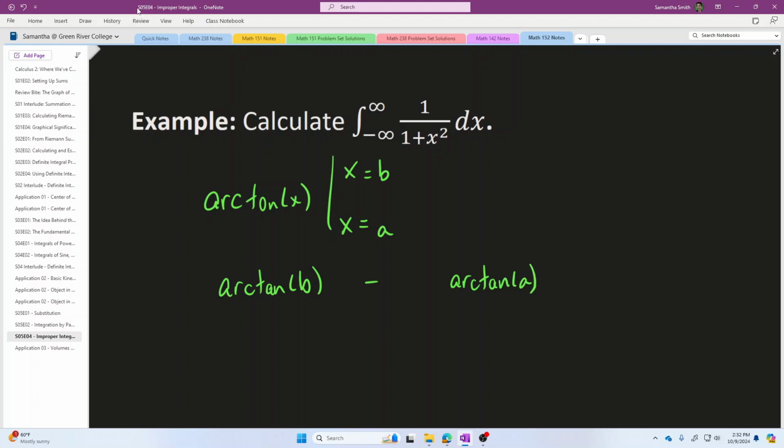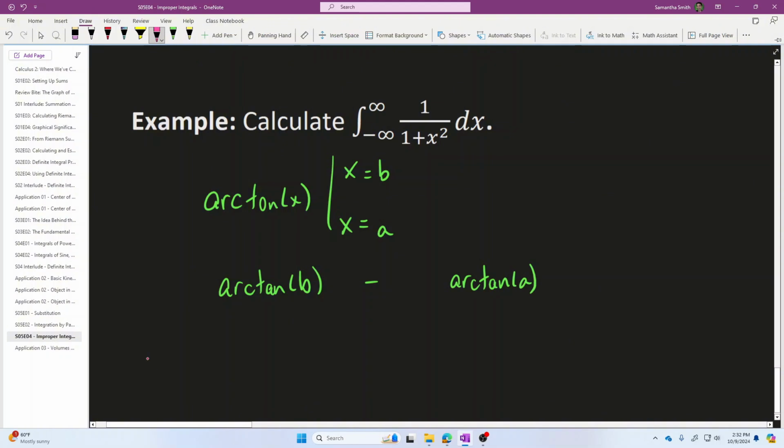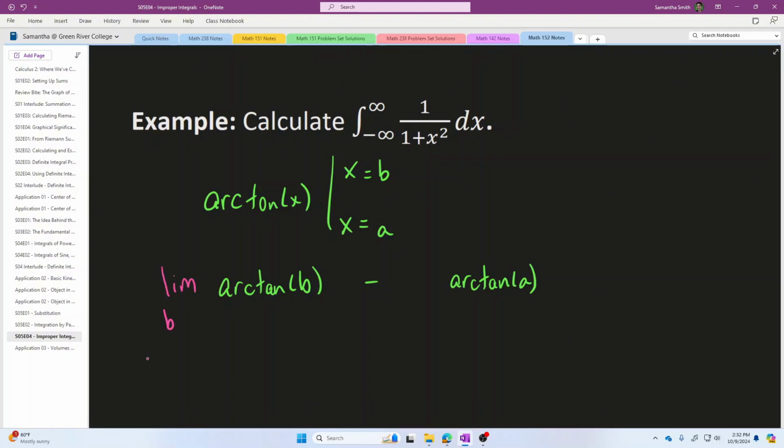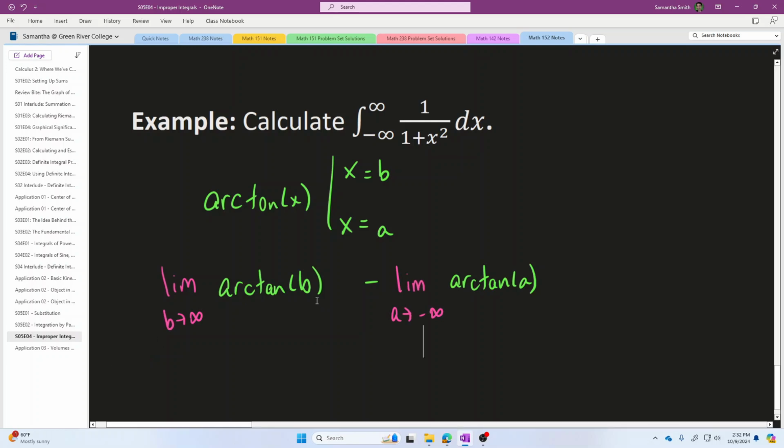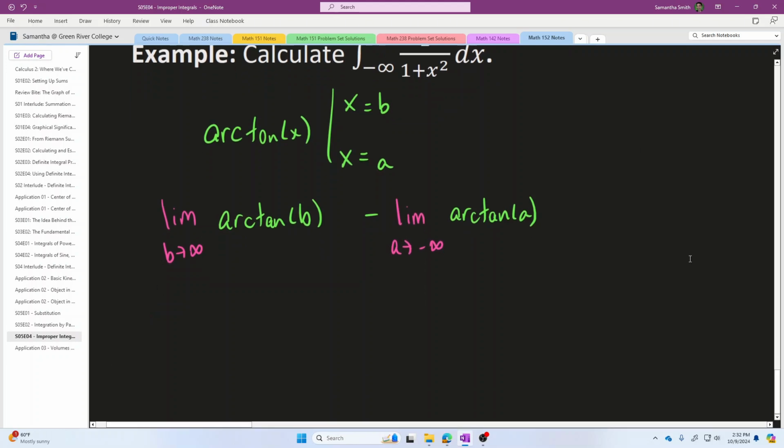And then I'm going to use limits to allow that b value to become positive infinity, and I'm going to let that a value become negative infinity. So now the question becomes, what is the limit of arctan at these two extremes here? What does arctan become when you plug in values that are really, really big? And what does arctan become when you plug in values that are really, really small?